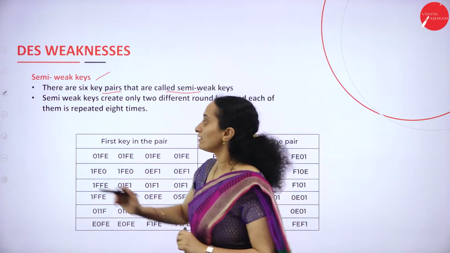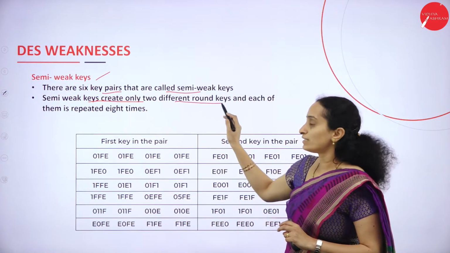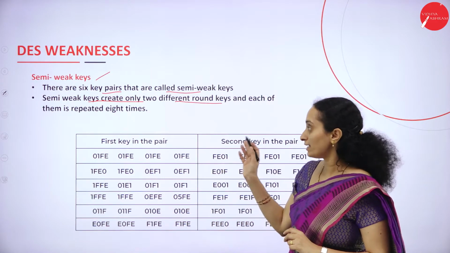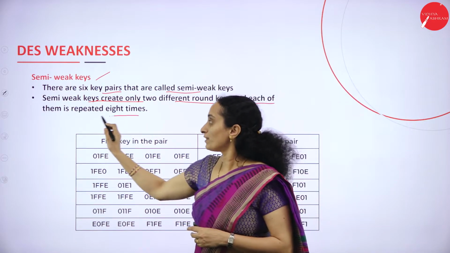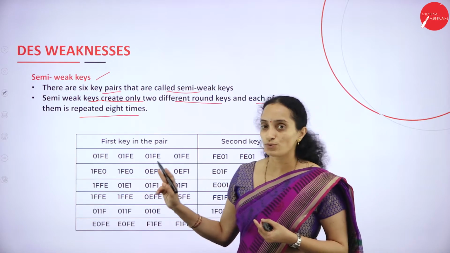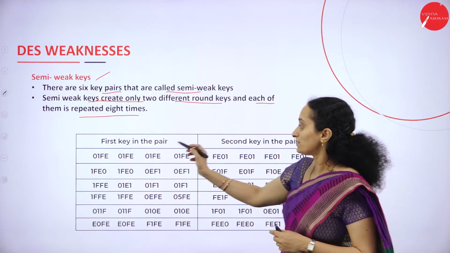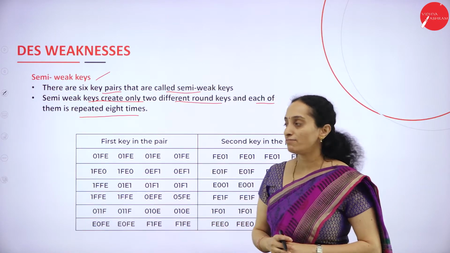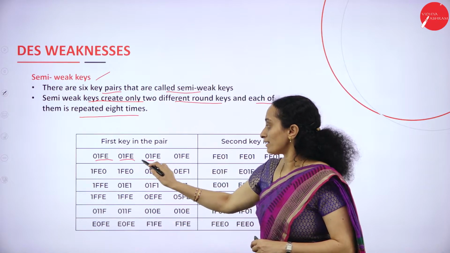How they are semi-weak keys is they create only 2 different round keys. There will be 2 types of different keys, or 2 combinations of round keys, and each of them is repeated 8 times. There will be only 2 round keys which are repeated 8 times. You can observe the table. These are the 6 semi-weak keys where you have the first key in the pair.